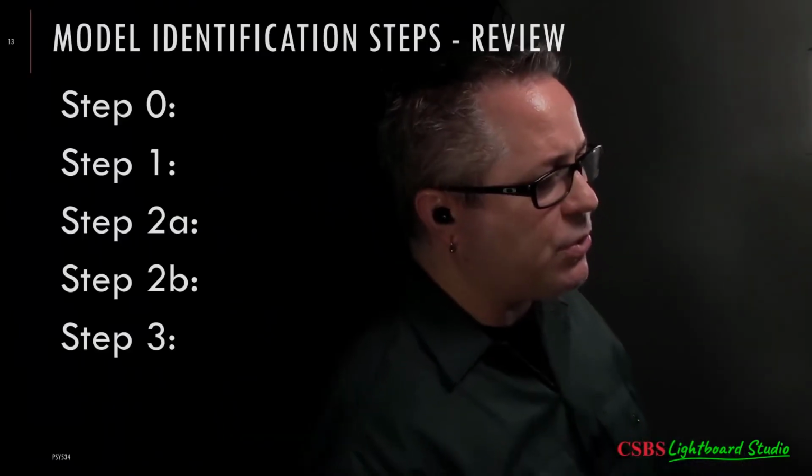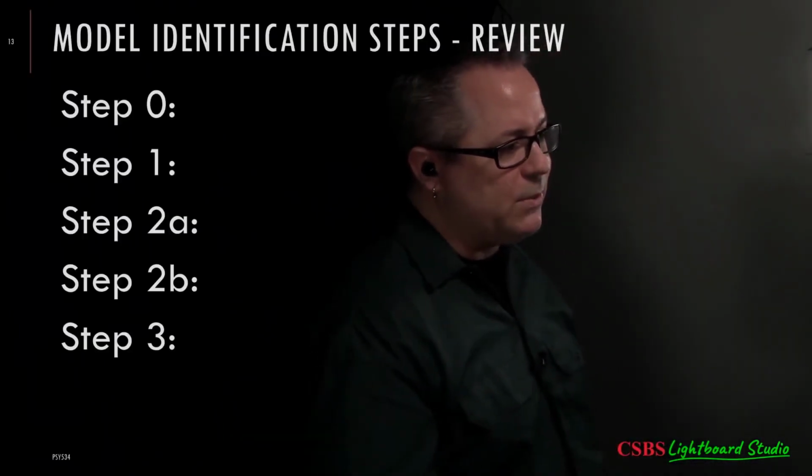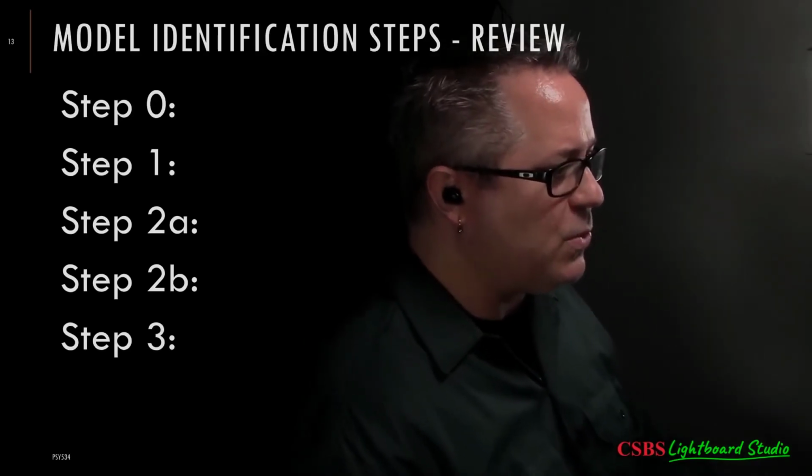So if we're translating a model over, and we're trying to make sure that we can actually do the model the way it's supposed to be, what were those steps? Maybe I'll give you step 0 and then see if you can figure out the rest of the steps from that.